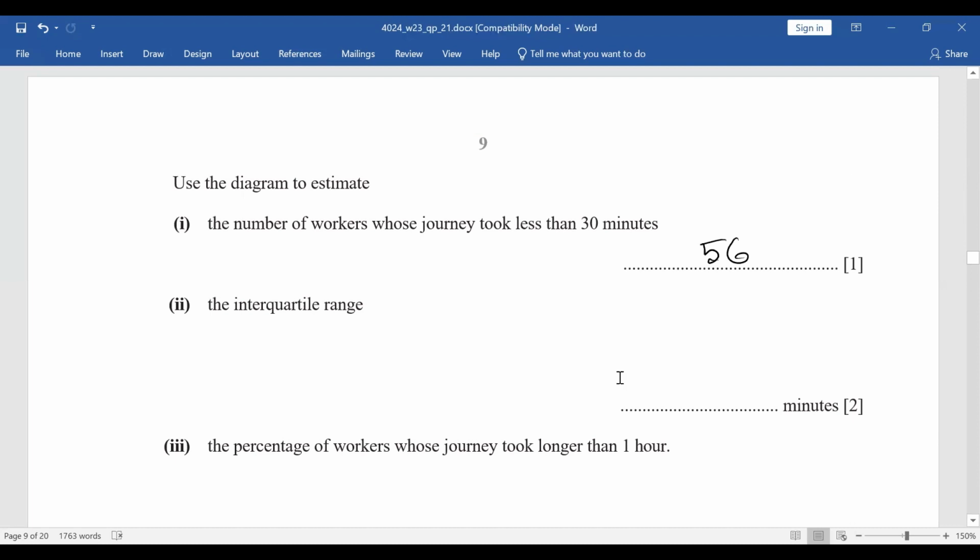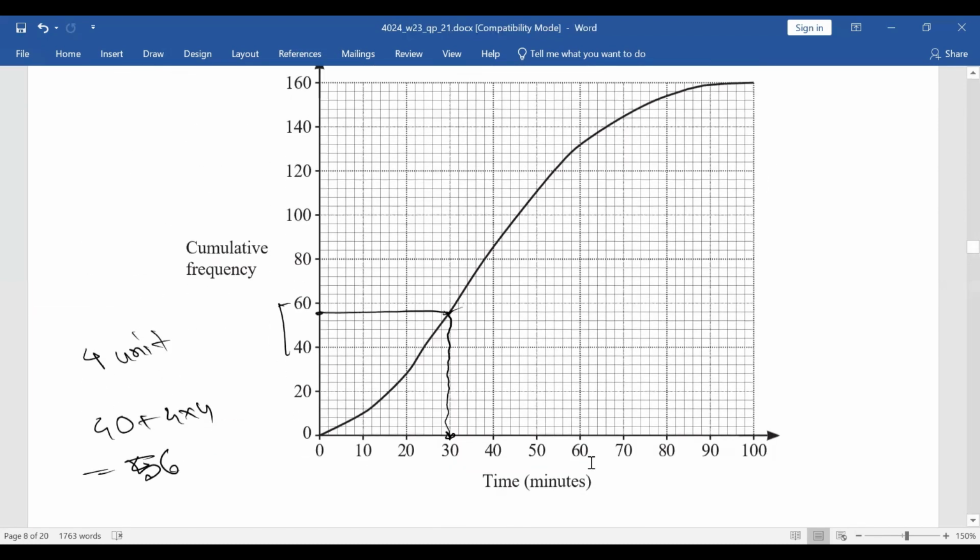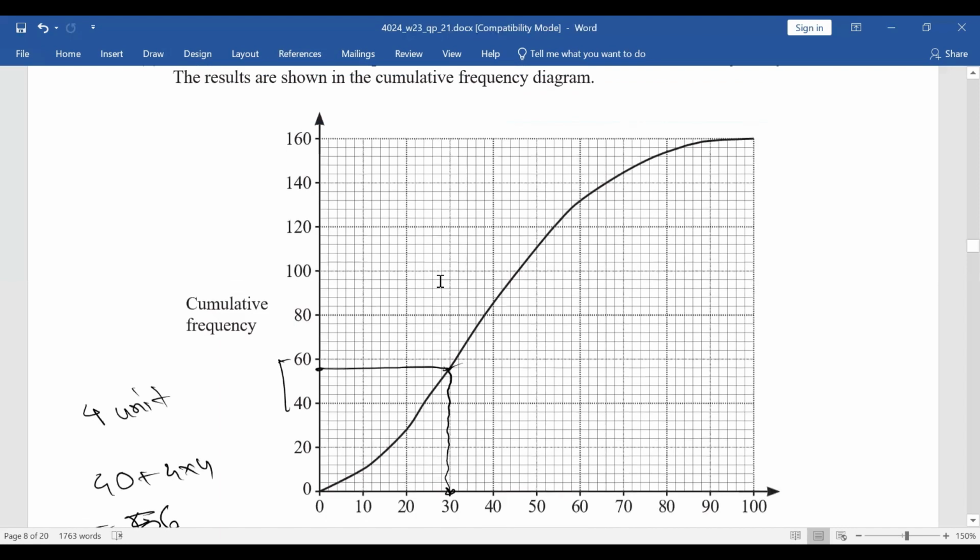Next question, the interquartile range. We know that the interquartile range is the 75% data minus the 25% data. What is 75%? In the cumulative frequency, the total population is 160, then 75% of 160 is 120.